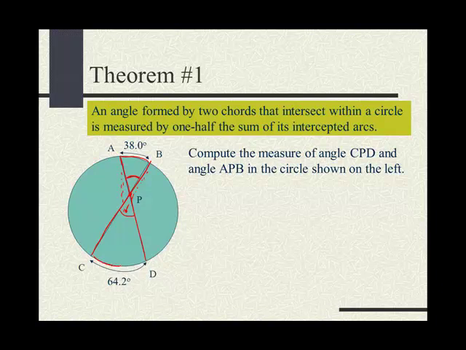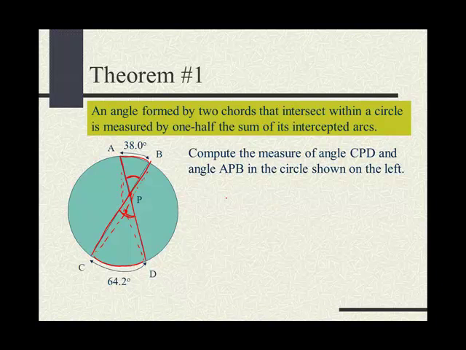Likewise, if this arc CD is 64.2 degrees, we're not saying that the angle CPD is 64.2 degrees. We're saying if we could draw out the central angle that intercepts that arc, then that angle would be 64.2 degrees. Our job on this slide is to actually compute the measure of angle CPD and the measure of angle APB in the circle that's shown on the left.